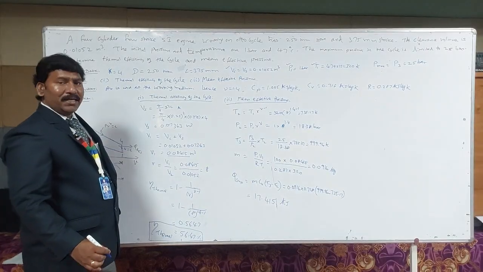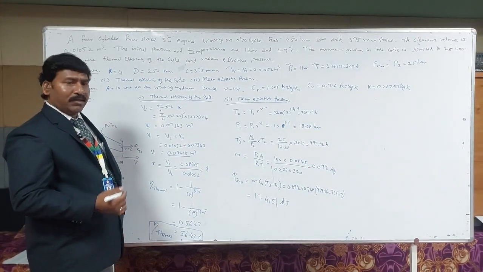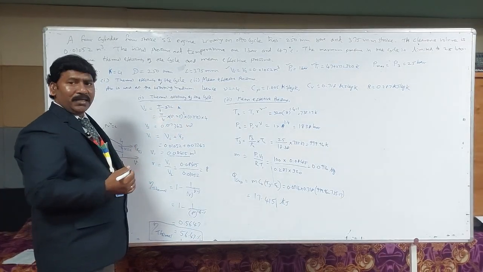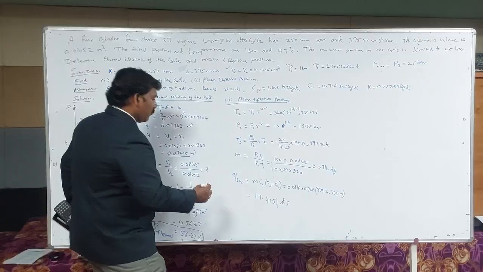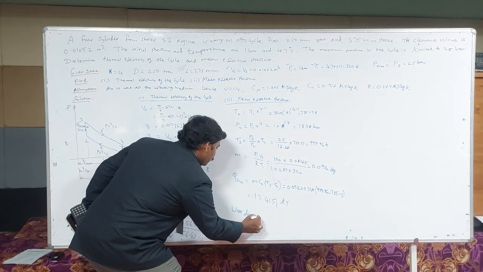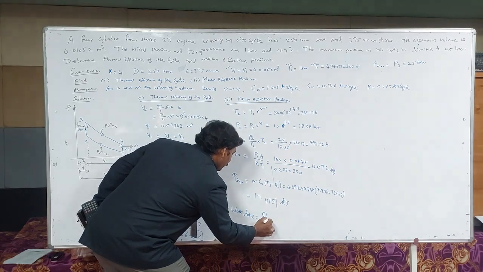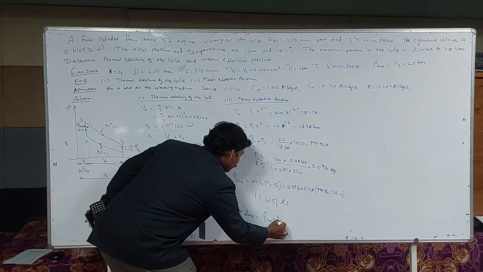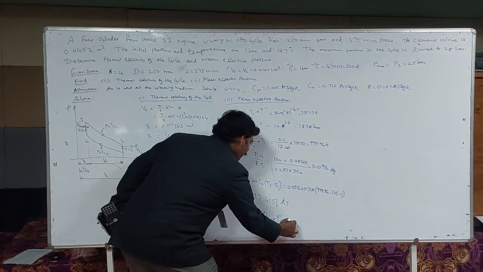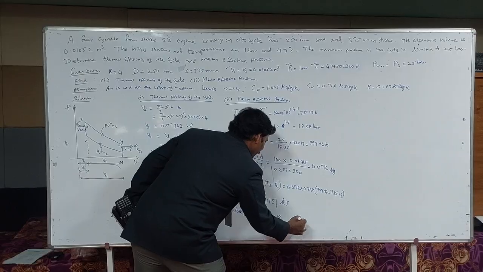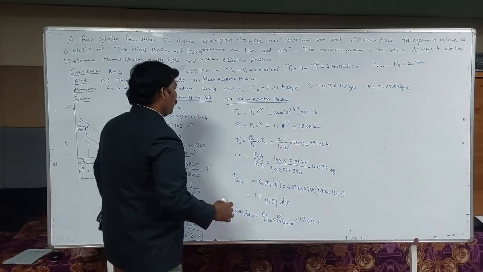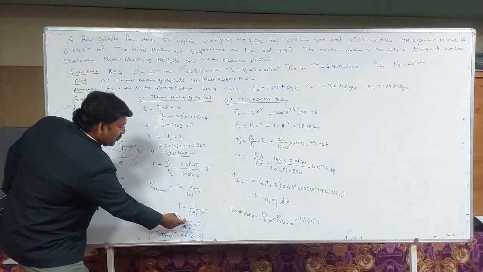Now I want the work done. Why am I finding work done? Because mean effective pressure is nothing but the work done per swept volume. So work done is equal to heat supplied into the efficiency of the thermal cycle. I substitute heat supplied, which is 17.415, into the thermal efficiency, which I get as 0.5647.